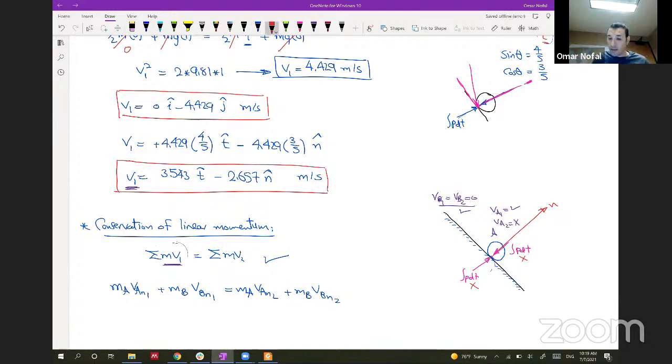And from this equation, you know that VB is equal to 0, so this will be 0 and this will be 0, and you will end up with these two terms.